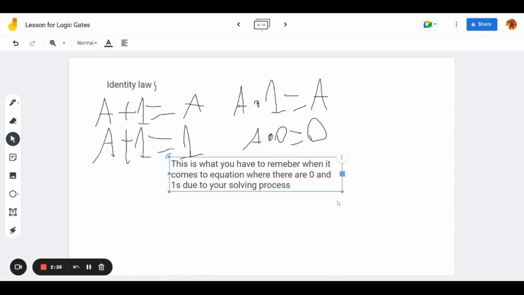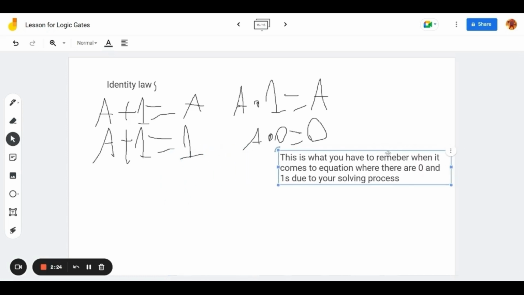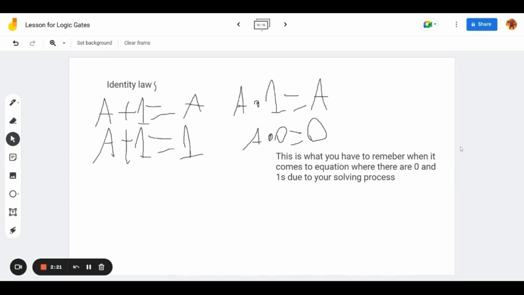So a lot of the times what happens is that when you're solving your equation, you'll end up sometimes having ones and zeros. And when you have ones and zeros, you're not supposed to really have them in your equation because you're only supposed to have the variables like A, B, and C, the inputs in your actual equation. You use these identity laws to actually eliminate the one or zero here.